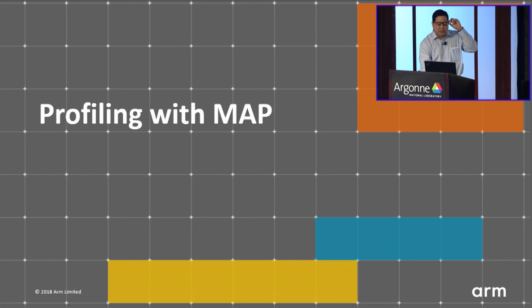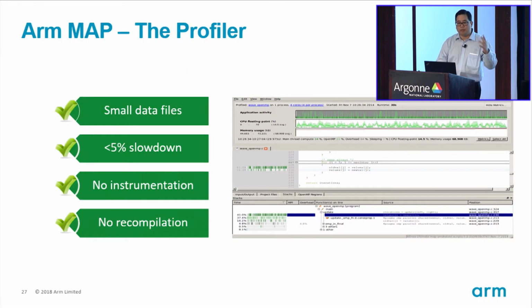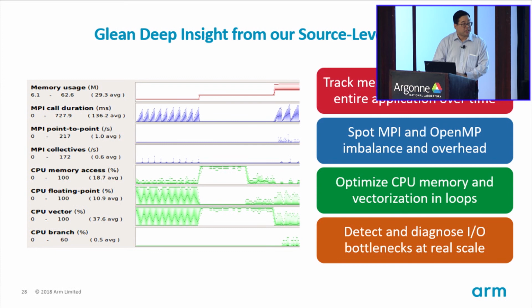All right, so that was DDT, and then I'm going to quickly go over the MAP profiler. Essentially, it's a nice little tool to generate information about your code and figure out where time is being spent. These are the kinds of things that you can see at a glance. You can quickly see if there's any type of memory leak in one or all of the MPI ranks over time. You can see if there's an MPI load imbalance.